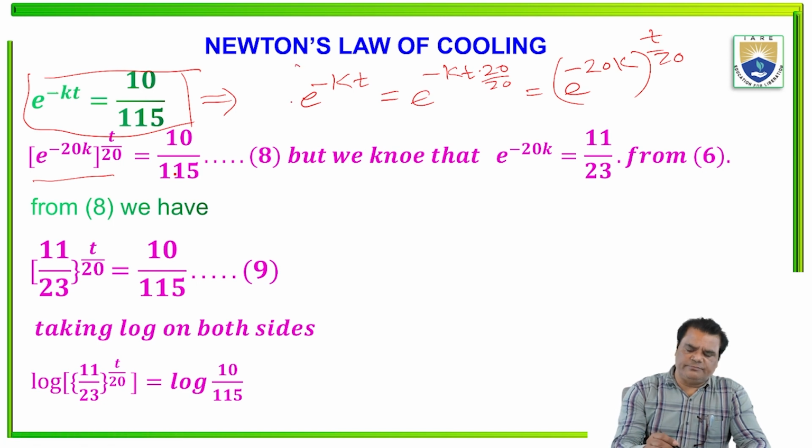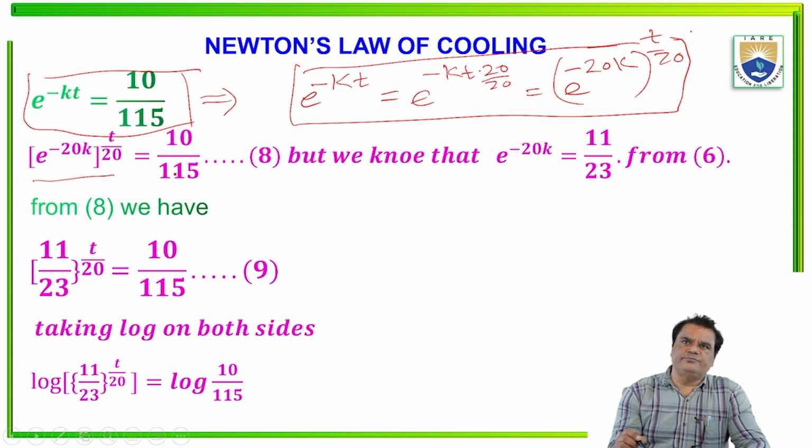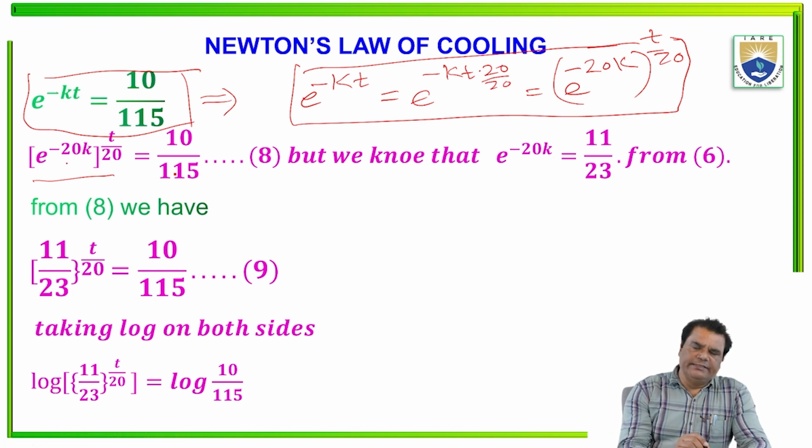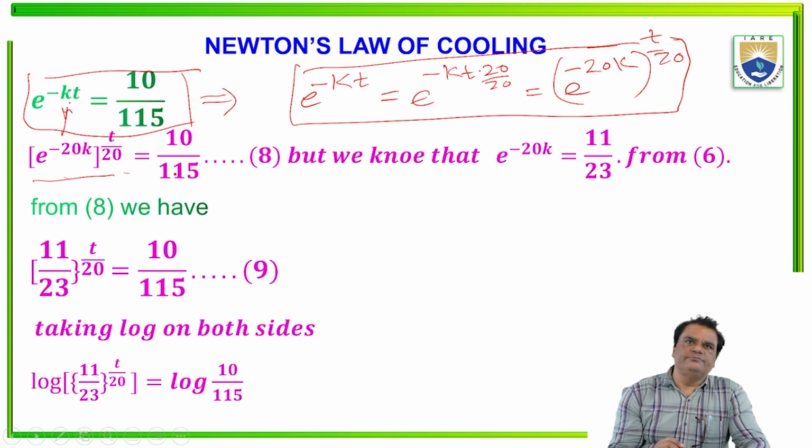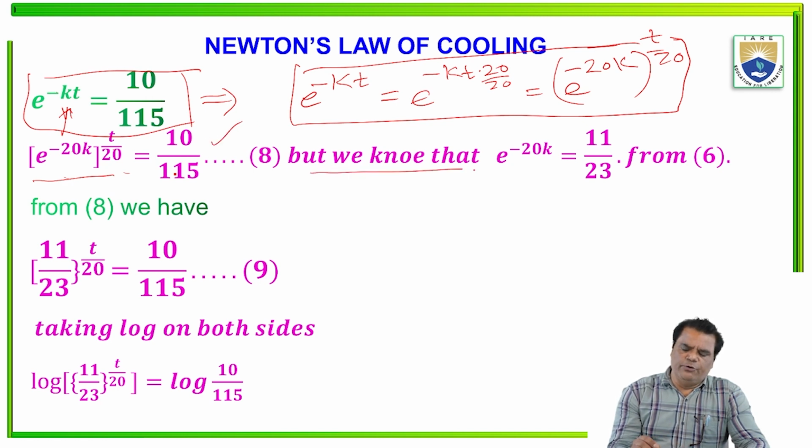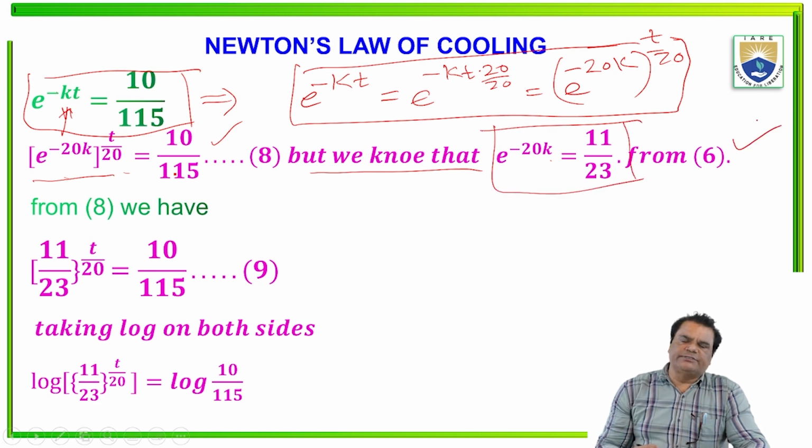So here I am writing e to the power minus 20k whole to the power t by 20. After multiplying this power, the 20 cancels. This is the same result. This is equation 8. But we know that e to the power minus 20k is 11 upon 23 from equation 6.